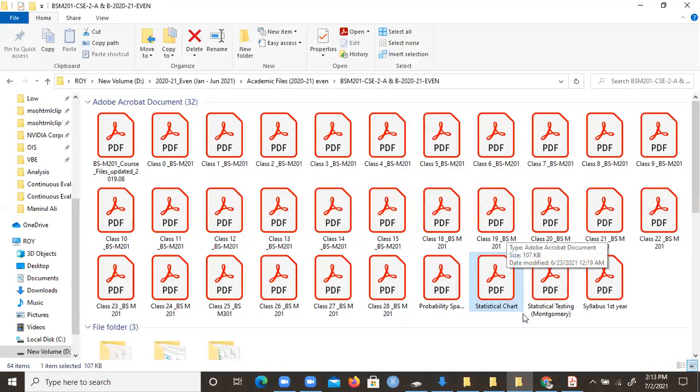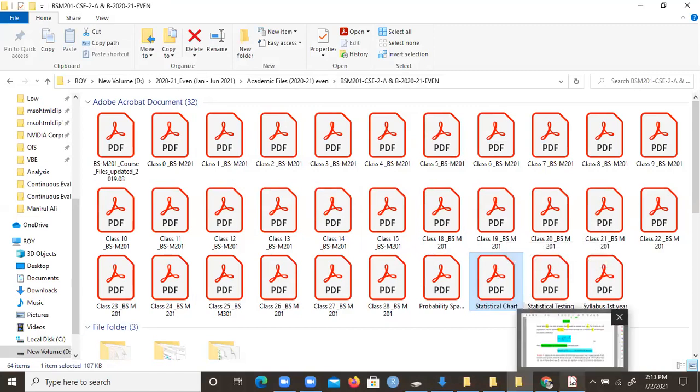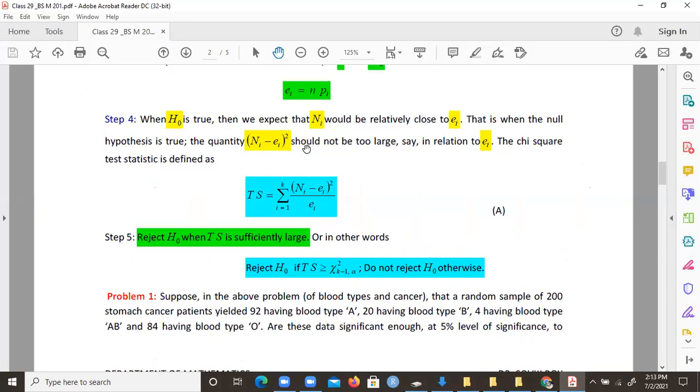I don't know why. If you have the statistical chart, you will be able to see that there is a chart which is meant for the chi-square statistic. If you have this chart with you, you'll see that the column headings are the levels of significance, which you already know.